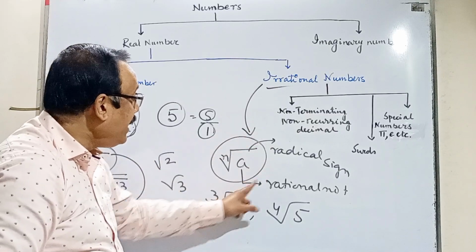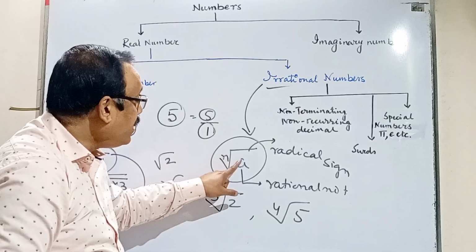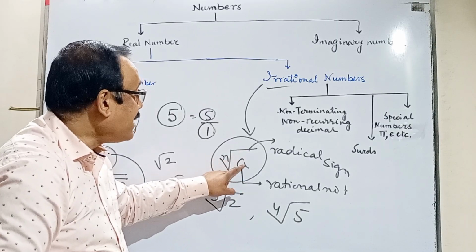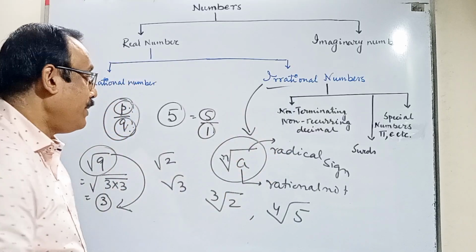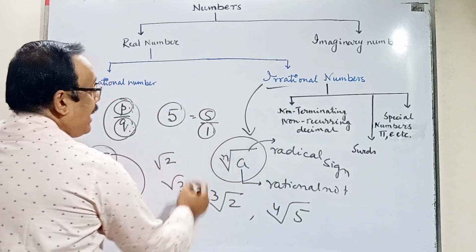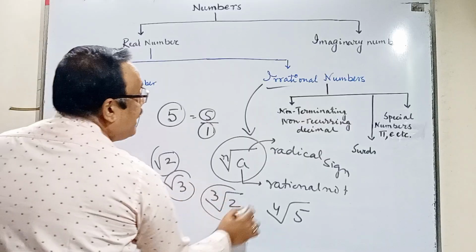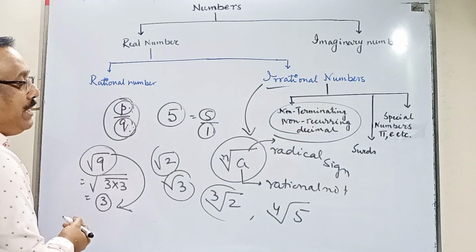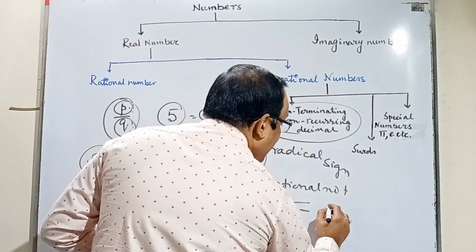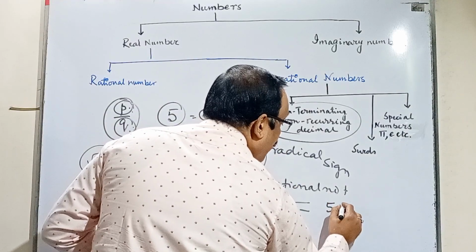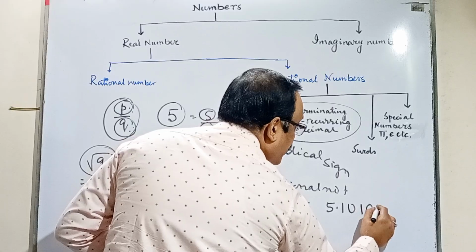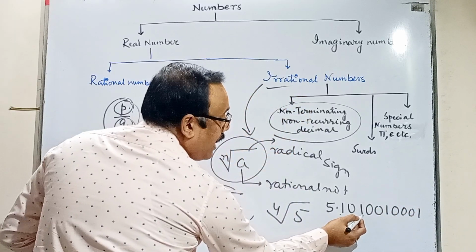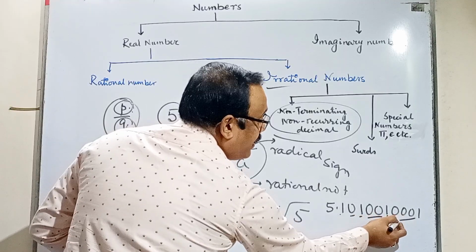So they look like this, the nth root of a, where a is a rational number and the entire number is an irrational number. In decimal format, irrational numbers are expressed as non-terminating, non-recurring decimals. Suppose on dividing I am getting 5.10010001. See, after 1 there is one zero, then after 1 two zeros, then after 1 three zeros.